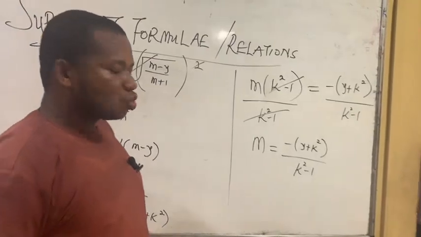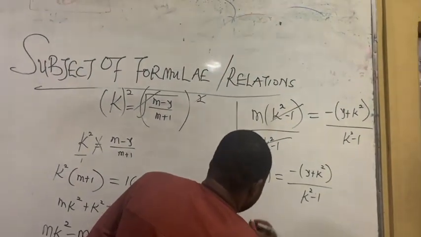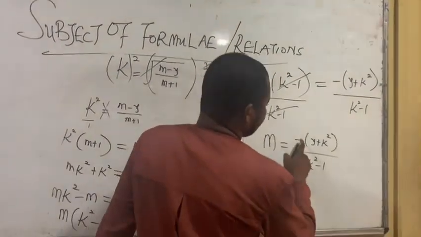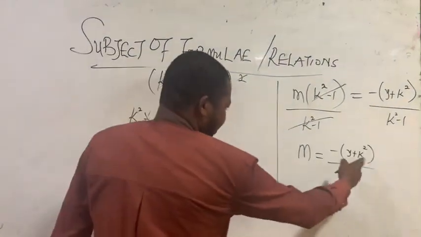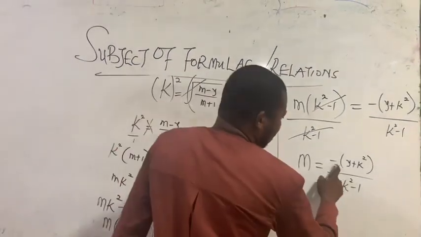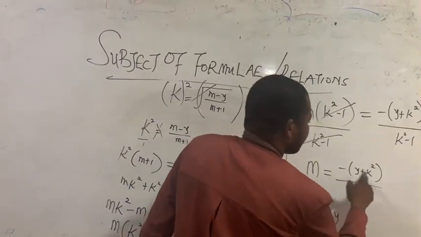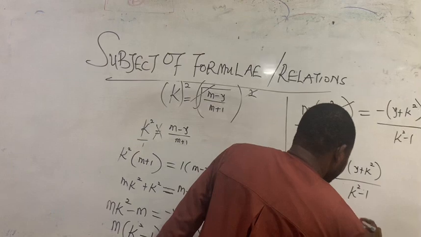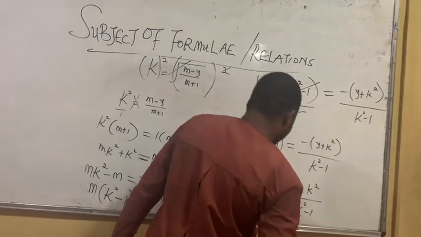Okay. So you can decide to leave your answer this way, or you can decide to split it out, which means we are returning it back to this. If I open the bracket now, I'm returning it back to this. Minus times y will give me minus y. Minus times k squared will give me minus k squared all over k squared minus 1.